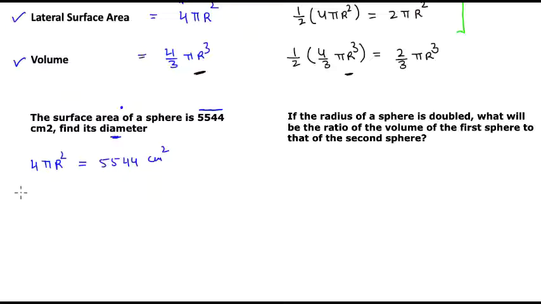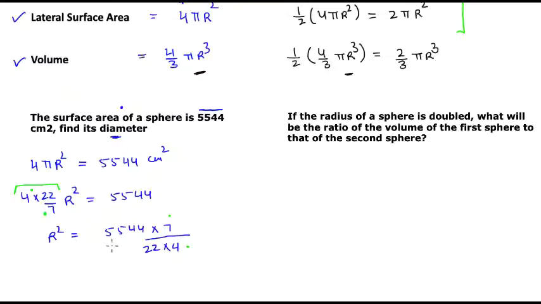So let's substitute the value of pi, and what you obtain is 4 times 22 over 7 times r square is equal to 5544. And then what you can do is you can say that r square is equal to 5544 times 7 divided by 22 times 4.